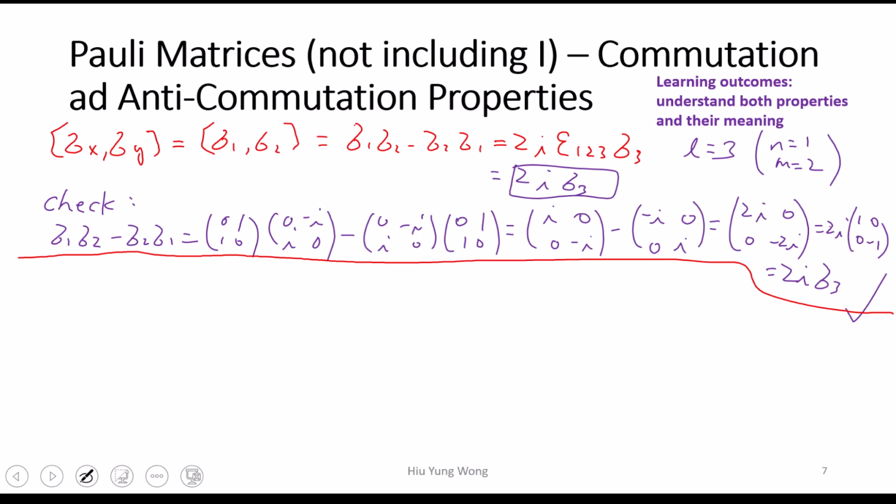It also means you cannot measure the spin in the z direction and the x direction at the same time because they don't commute. So that is the Heisenberg uncertainty principle. This is similar to how you cannot measure position and momentum accurately at the same time because they don't commute. Okay? Yeah, that's a good question.